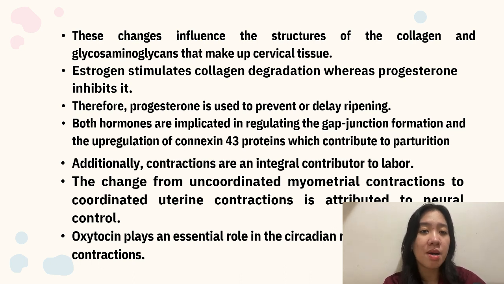Additionally, contractions are an integral contributor to labor. The change from uncoordinated myometrial contractions to coordinated uterine contractions is attributed to neural control. Oxytocin plays an essential role in the circadian rhythm of this contraction.